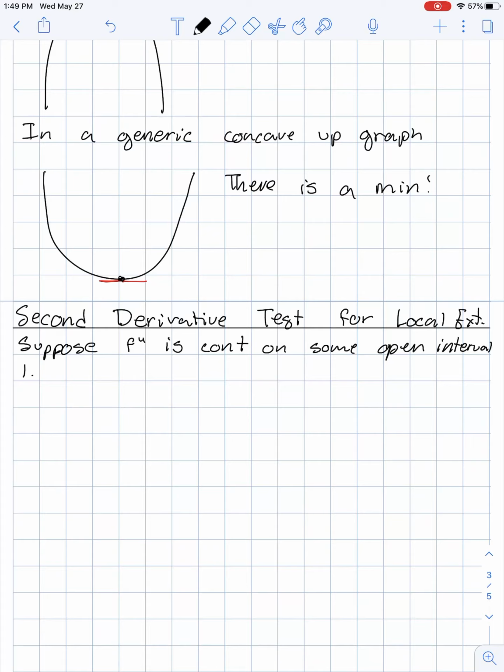So the first conclusion we can get is that if f prime of c is 0 and the second derivative at c is less than 0, so concave down, then f has a max, not just a max, a local max, at x equals c.